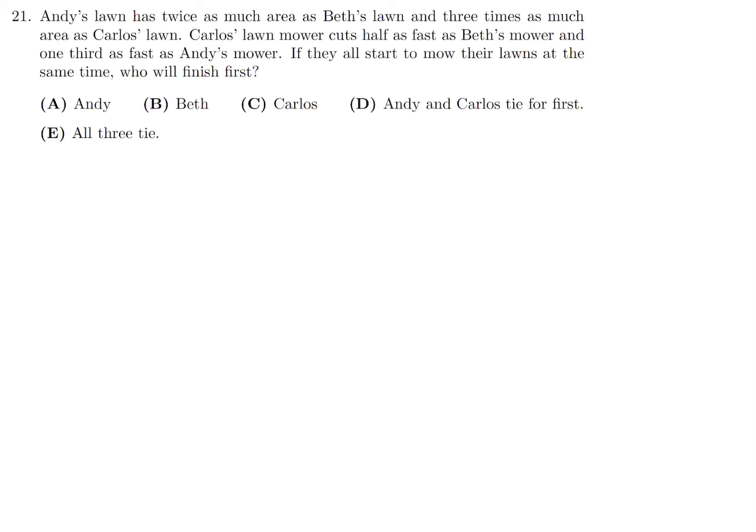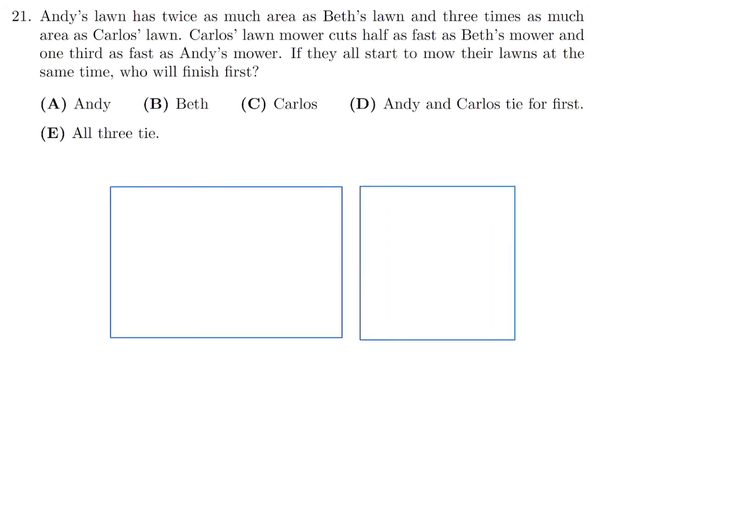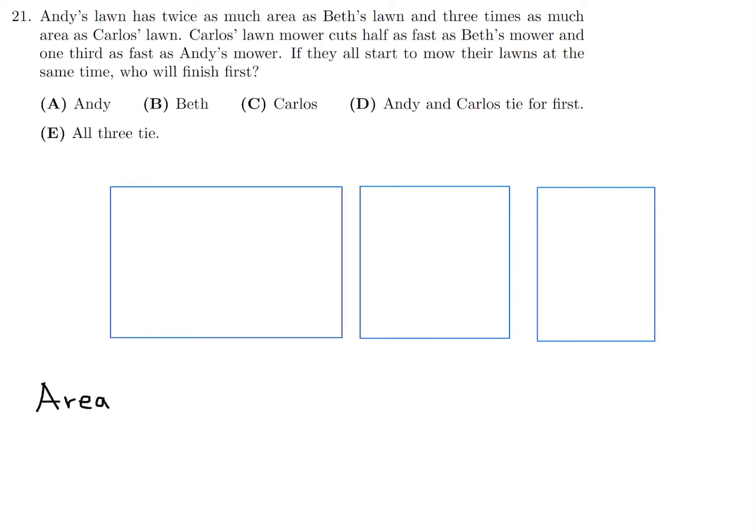So they have their lawns and they've given you a comparison in terms of the size. So the areas is what they've initially talked about. They told you that Andy's lawn has twice as much area as Beth's lawn and 3 times as much area as Carlos's lawn.